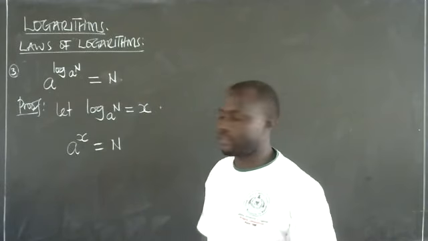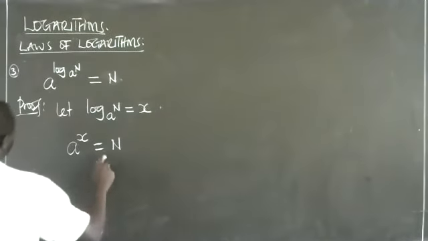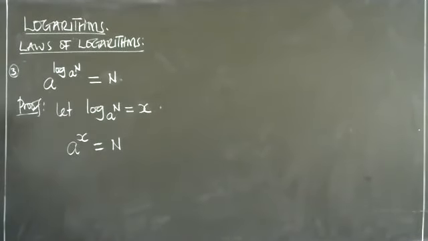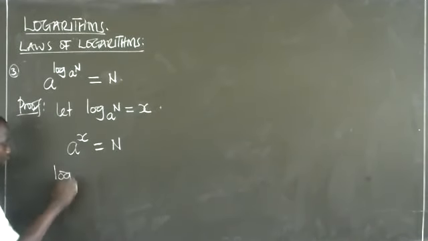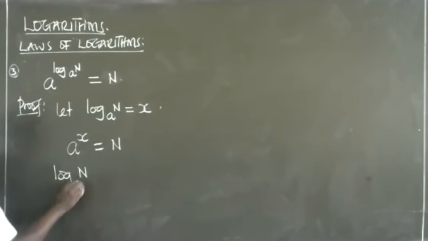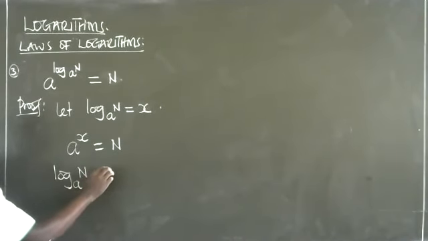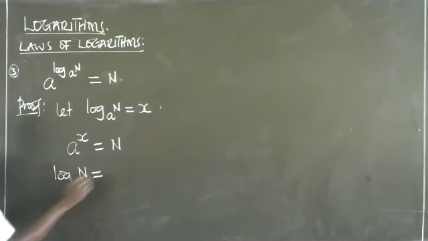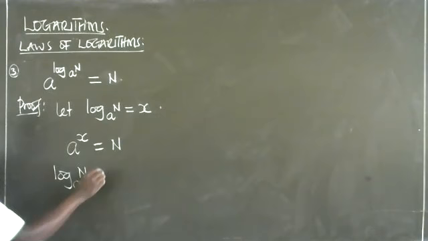If I write it in terms of logarithms, how can we express it? This one means that log of n base a is equal to x.